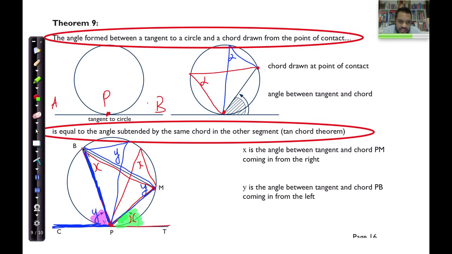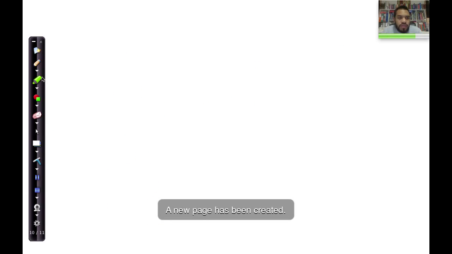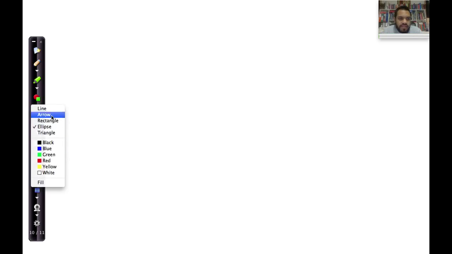In other words, this point here and this point over here, point P and B. I place one finger on P, one finger on B, and then I take my fingers and I go like so together to M, or to any other point on the circumference, and the angle that it forms will be exactly the same as the angle Y. That is the Tan Chord Theorem. So what I'm going to do now is look at some examples of the Tan Chord Theorem.